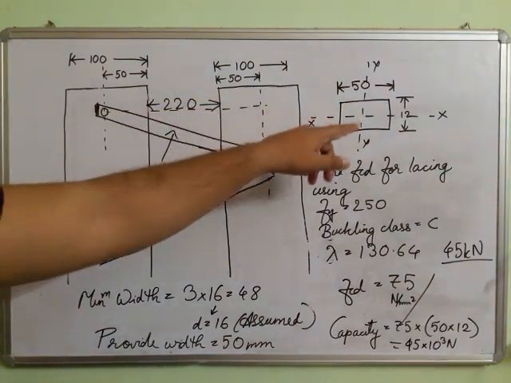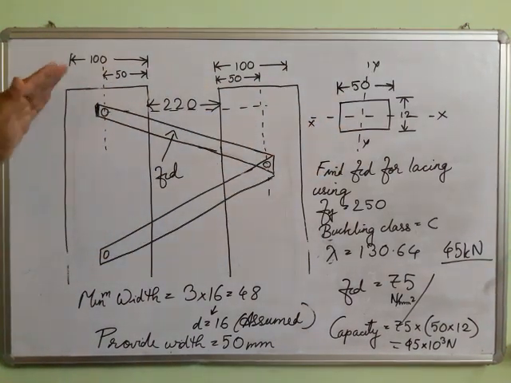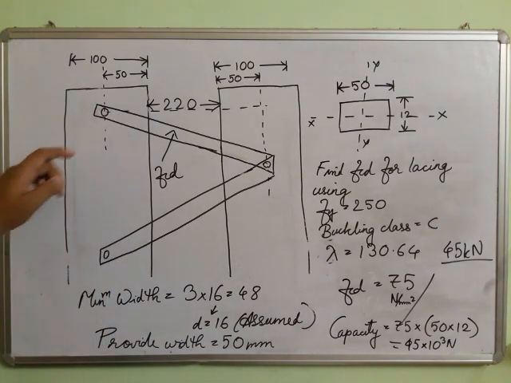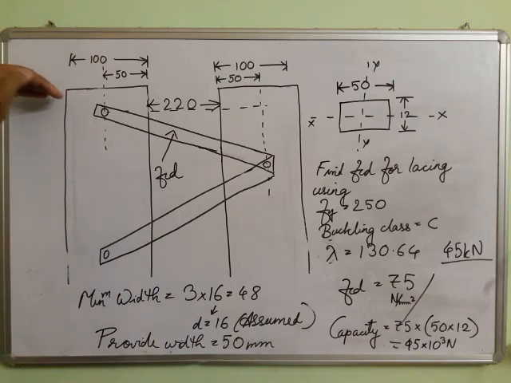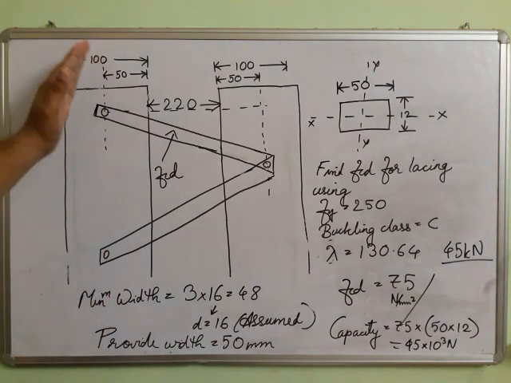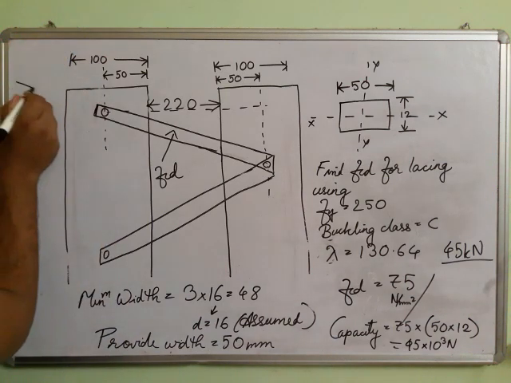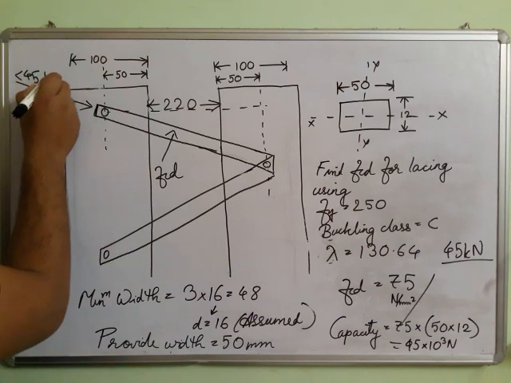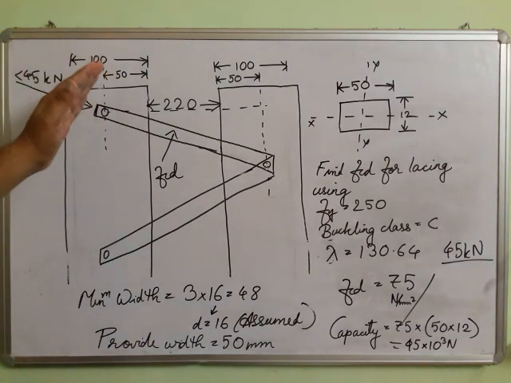So similarly, just transfer your visualization here. This is the cross section. If we give a load in this manner in this cross section, this load on the lacing should be less than 45 kilonewton, because in this manner it can take only up to 45 kilonewton.